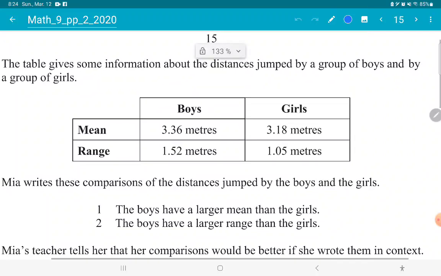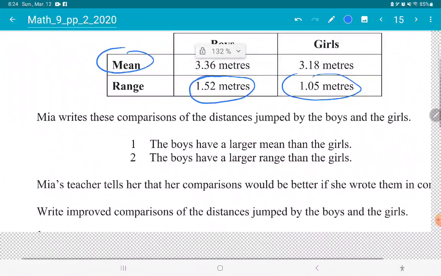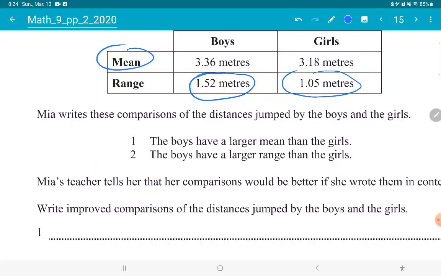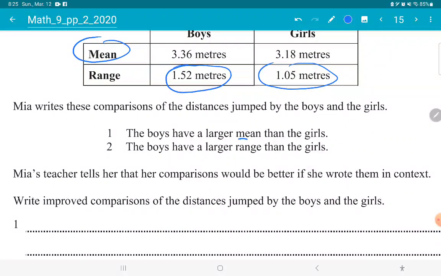The table gives some information about boys and girls, they jump. Statistics. The mean of the boys' jump is 3.36 meters, while the girls' is a little bit less, 3.18. And the range, the difference between max and min, is 1.52, and this is 1.05. What do they want? They want an expression. The first one says the boys have a larger mean than the girls, which is right.